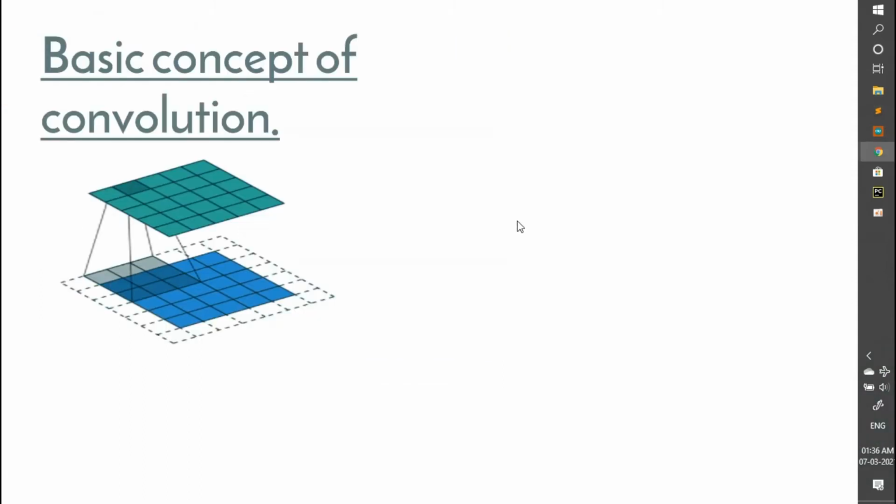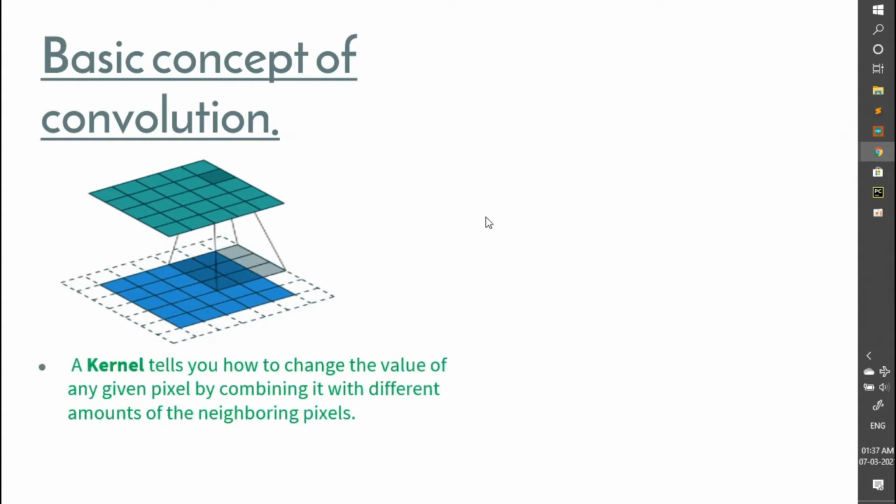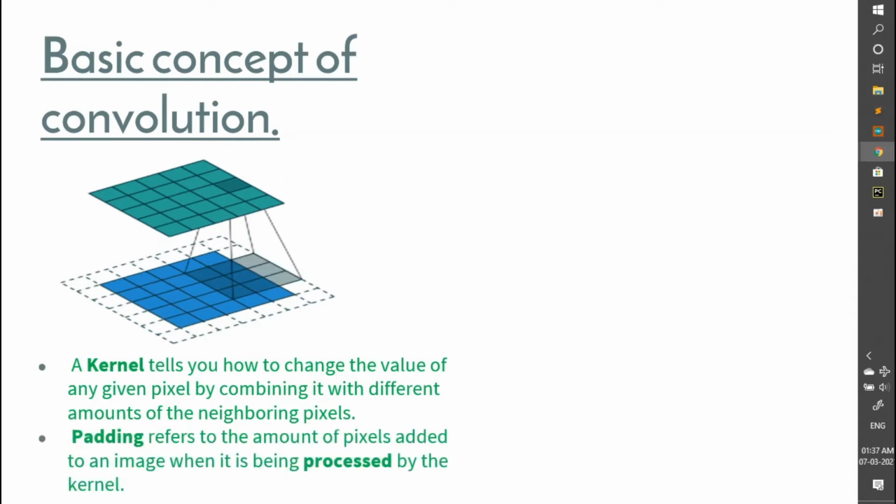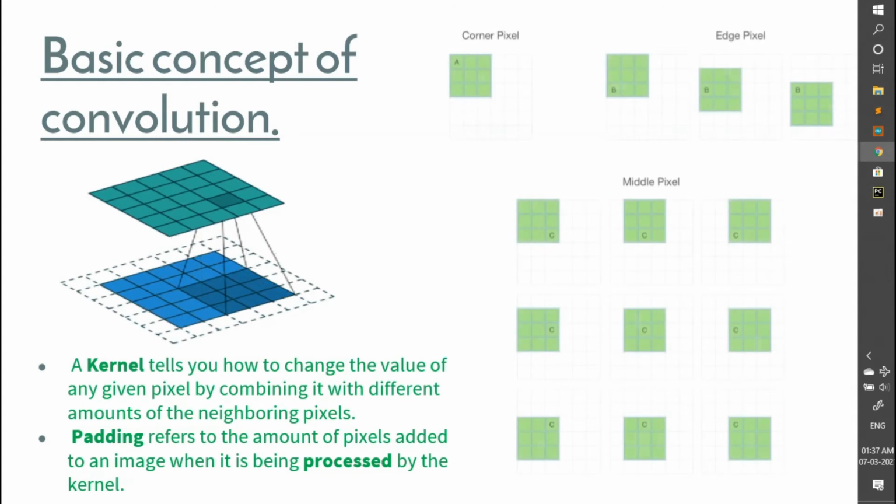A convolution is a mathematical operation between two functions f and g that produces a third function. A convolution is done by multiplying a pixel and its neighboring pixel color values by a matrix. Now, you may notice that the pixels on the corners and edges are used much less than those in the middle.